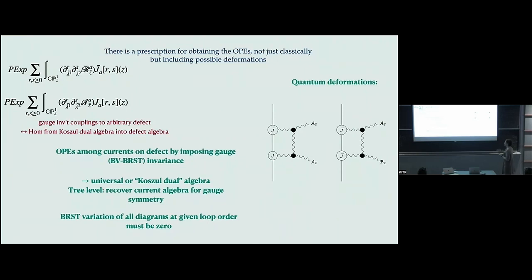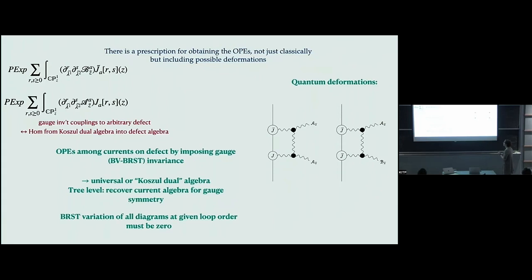But the abstract approach to obtaining the OPEs really just comes from considering gauge invariance of these holomorphic generalizations of Wilson lines in my 6-dimensional twistor theory. So we have some integral over not a real 1-dimensional line, but a complex line, my CP1, my twistor sphere, and I study the holomorphic generalization of standard AJ couplings, which would be inserted as path-ordered exponentials into my path integral, just as I would study Wilson lines in the normal case.